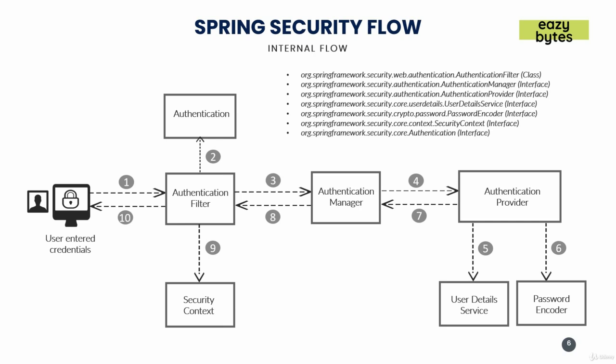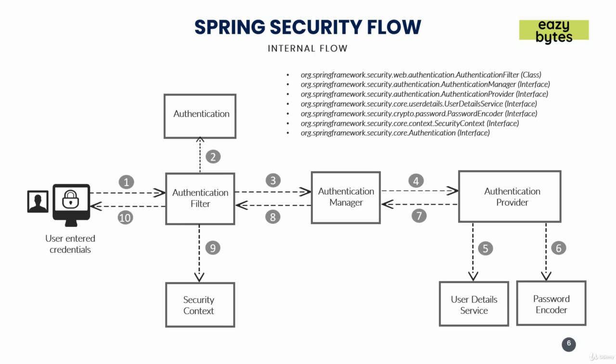Once the authentication provider, using UserDetailsService and PasswordEncoder, has validated whether the input credentials are valid or not, the flow will be given back to the authentication manager followed by the authentication filter. Now the authentication object which I initially sent from my filter will hold whether the user is a valid authenticated user, and what authorities and roles are associated with it.